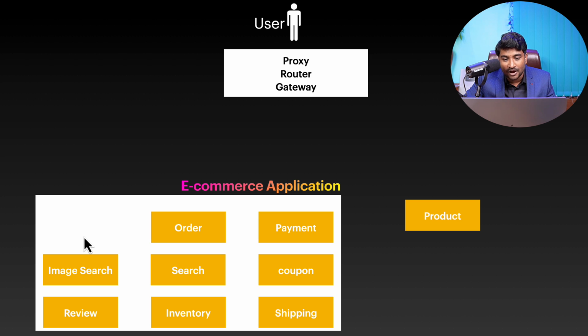Okay. And right now, whenever the user is going to hit any API from this product service, we'll make sure this user request from the user to product will be routed through the gateway that we are adding. The gateway is nothing but the router. Whenever the user is hitting the request for product, this proxy or router or gateway will decide which application this request will go to. That's why we implement the gateway design pattern.